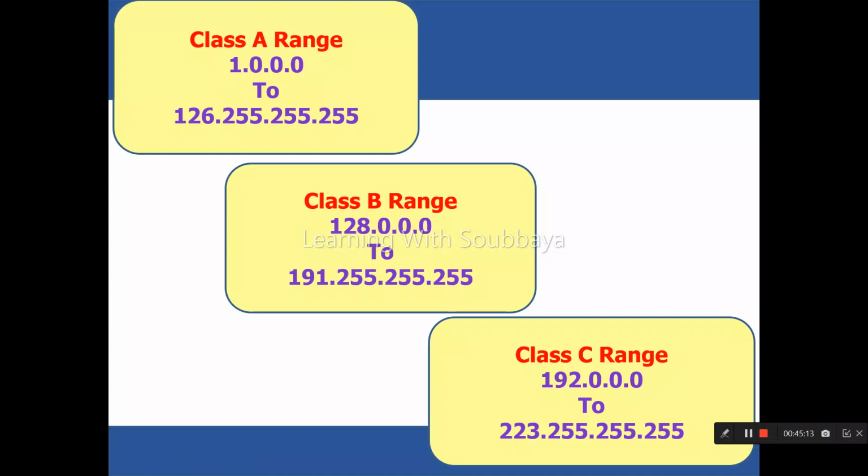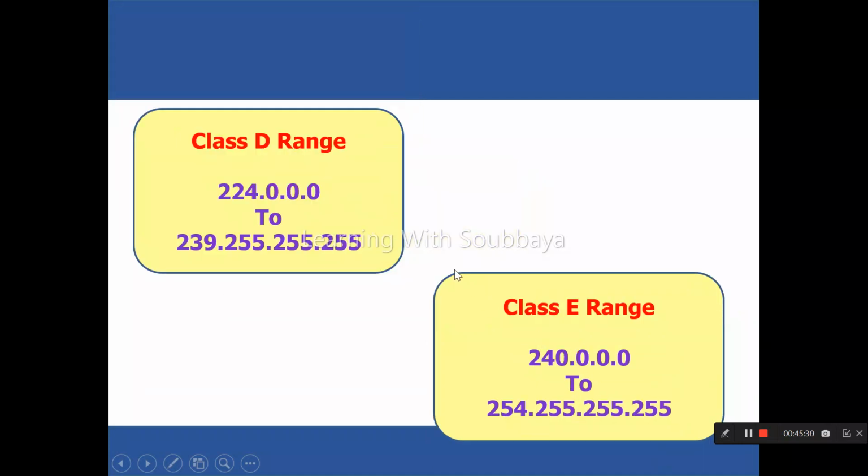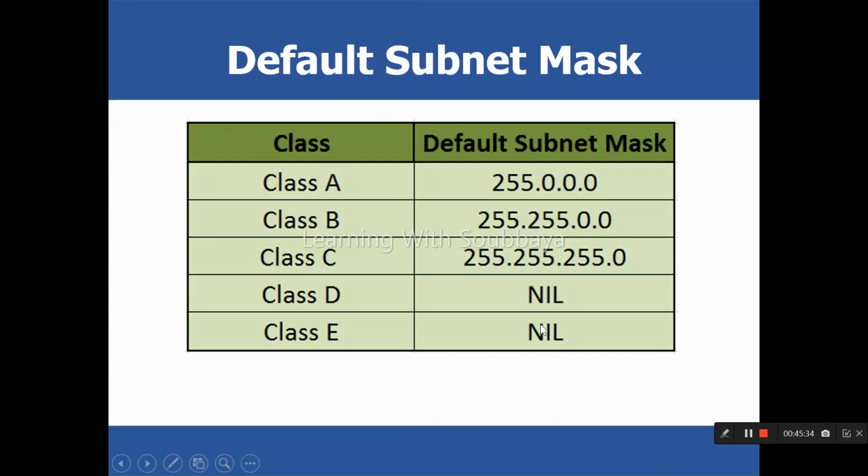It may be 0, it may be 255, that doesn't matter. Only the first octet I have to check. Class C is 192 to 223, and class D and class E I also mentioned here.